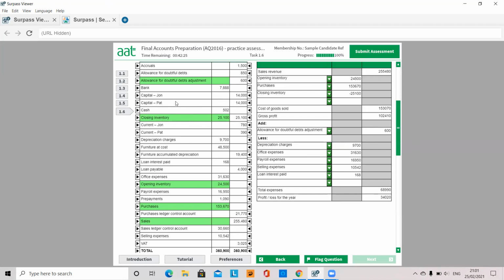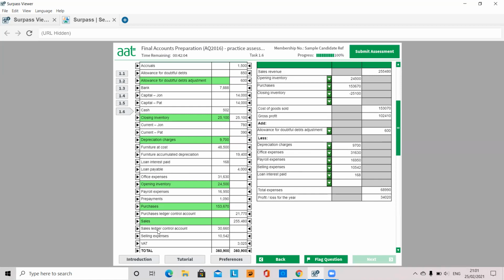So again, we look at our expenses. So we've got depreciation. Depreciation is an expense that goes in our P&L. So 9,700 is our depreciation charge for the year. Looking through them, I'd probably put loan interest paid in there because I'm going down the list, but that's fine.